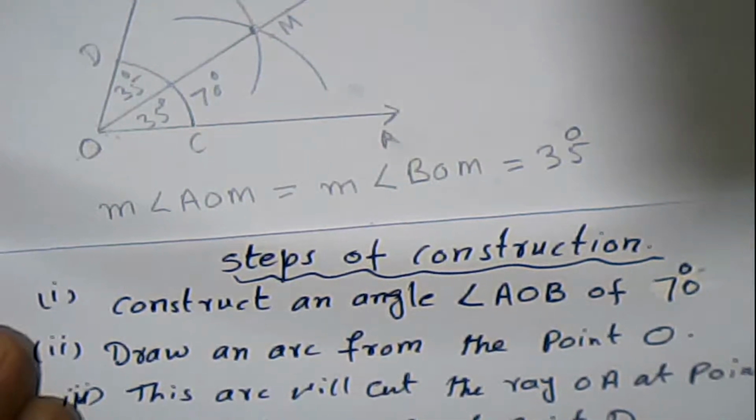Now students, write the steps of construction. Number 1. Construct an angle AOB of 70 degrees.